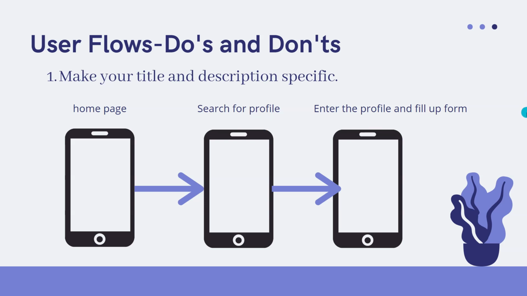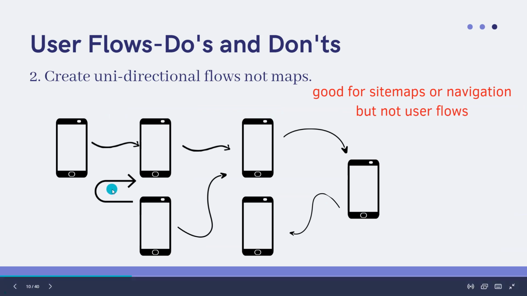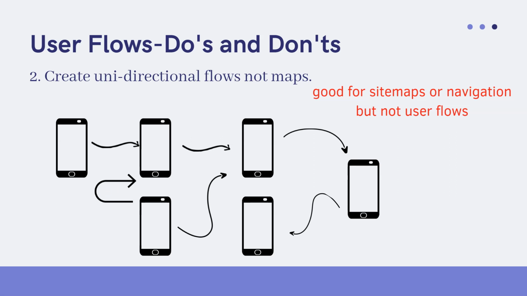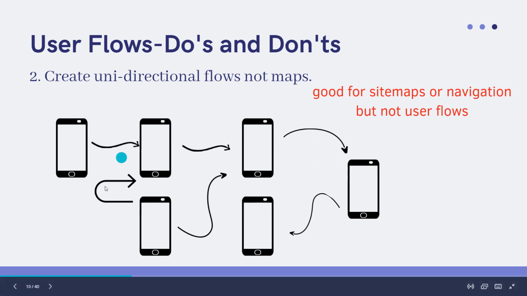Okay, the next don't is, as I've already told in the previous video as well, that user flows are unidirectional flow diagrams. They can be flow charts, but these are mostly unidirectional flows and not maps. As you can see, here we have a map, right?